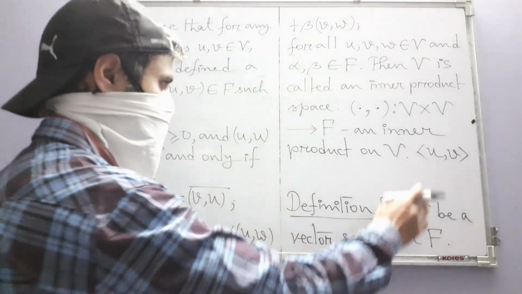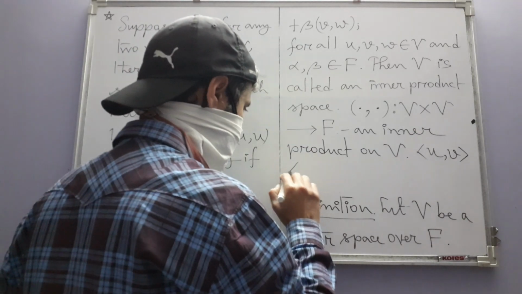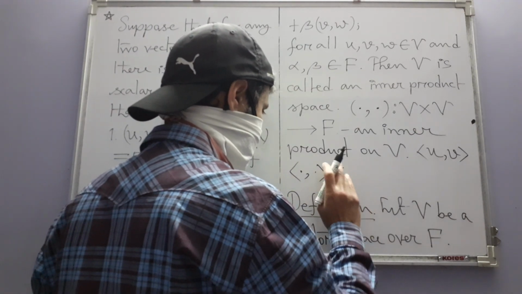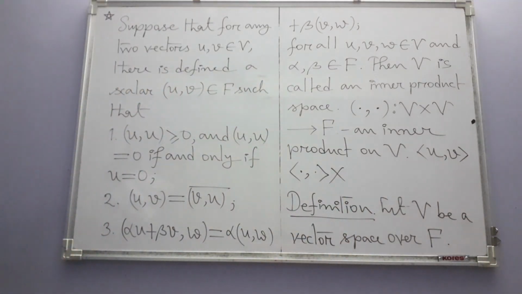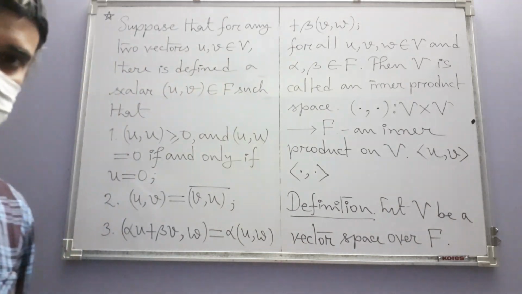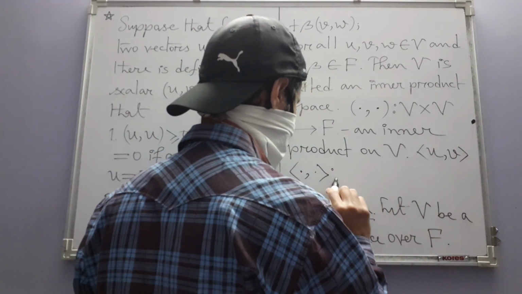That is also there. If you are using this notation, which Herstein is not following, then your inner product function will look like this. The function is still same, its structure is still same. It has V Cartesian product V as its domain and F as its range or codomain, whatever you want to call it.